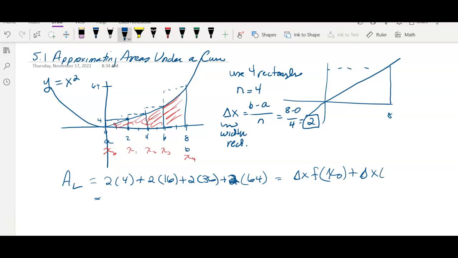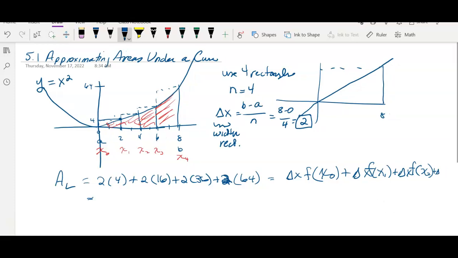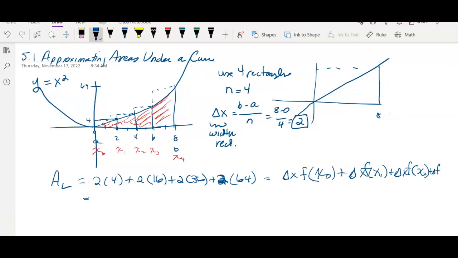And then times, oh, that was x sub 1, times, oh, sorry, f of x sub 1, f of x sub 2, and then delta x. I got to move over a little. Oh, wait.